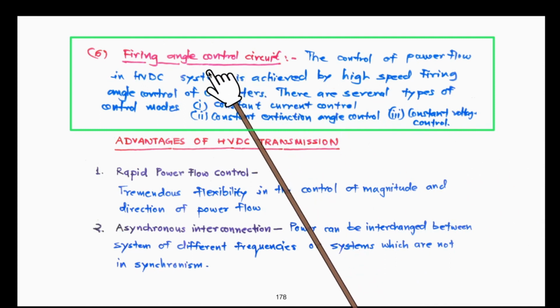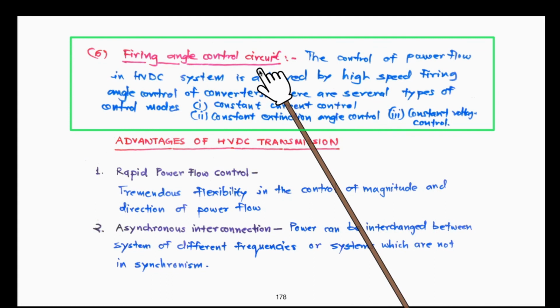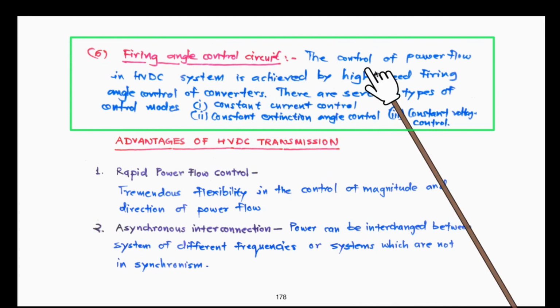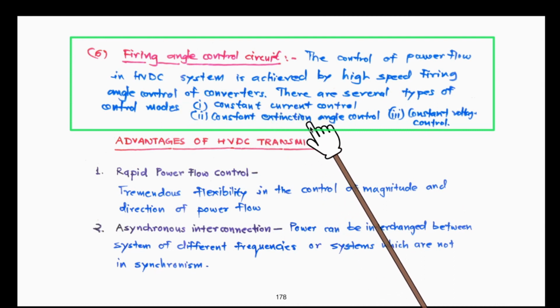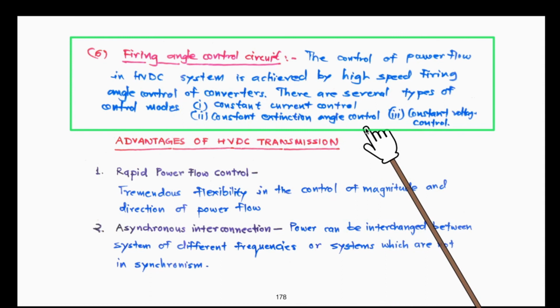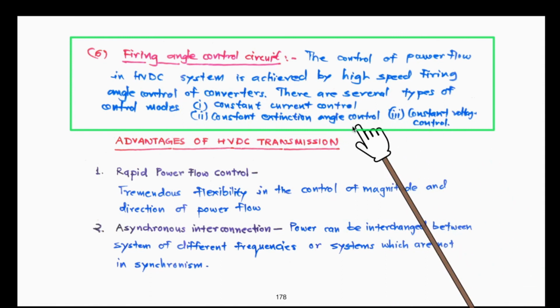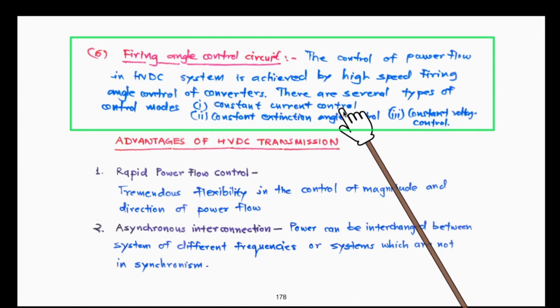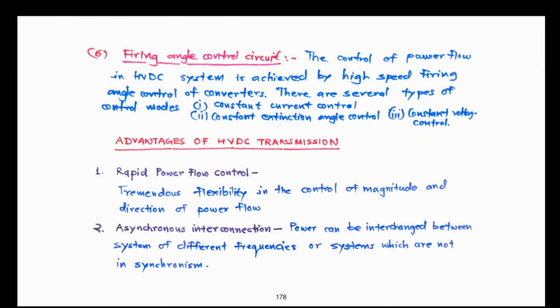At present we must know how the converters operate. The converter operates based on a high speed firing angle control circuit, and it uses different strategies, either to maintain the current constant, or to maintain the extinction angle constant for the inverter, or to maintain the voltage constant. Different schemes are applicable for rectifier and inverter in order to provide stable operation. So this is all about the HVDC scheme.